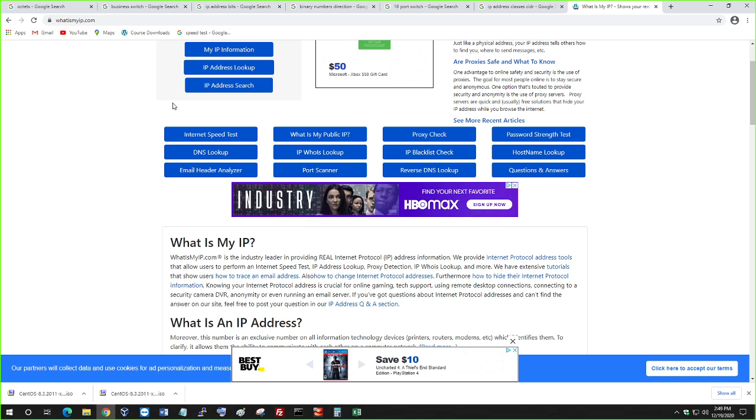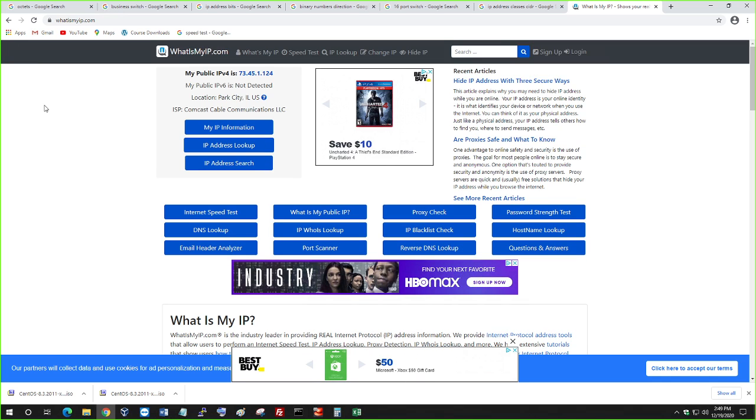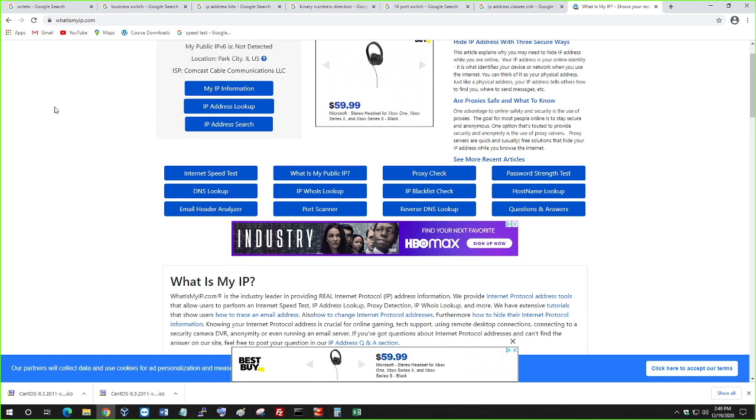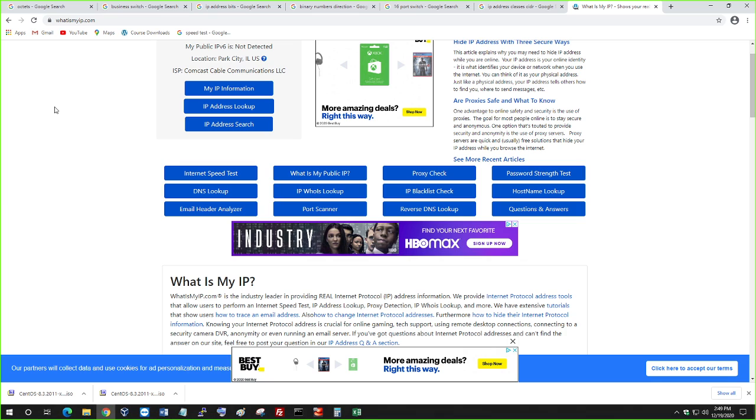But if you do the same thing, turn on your cell phone, turn off Wi-Fi, and then do what is my IP, more than likely it will give you IPv6. IPv6 will give you an alphanumeric number here.